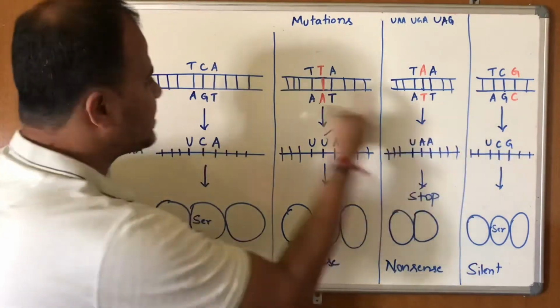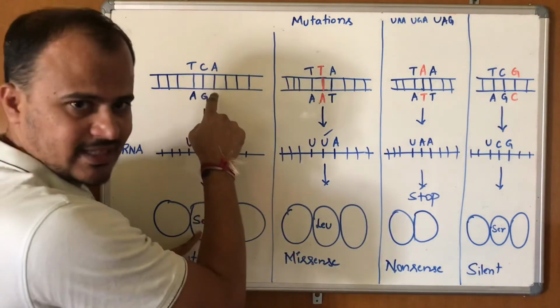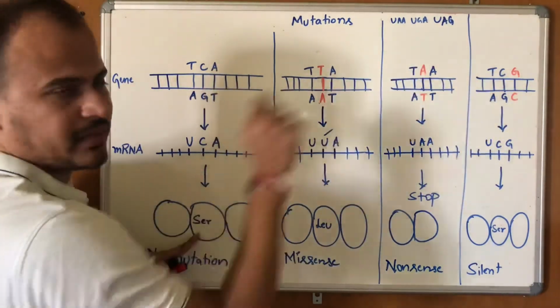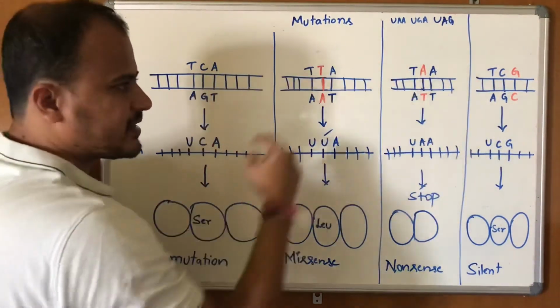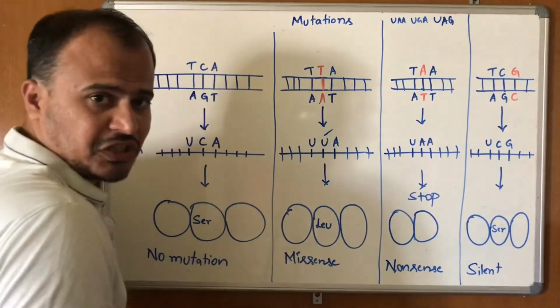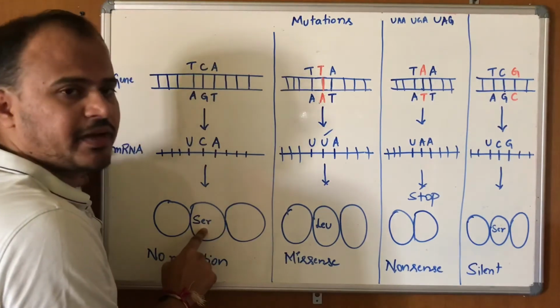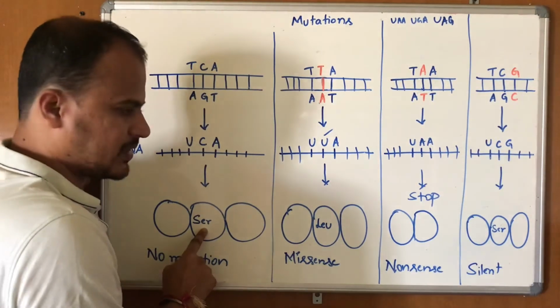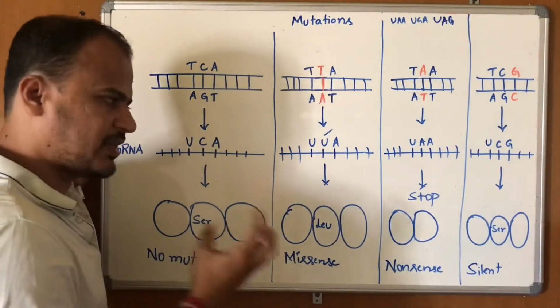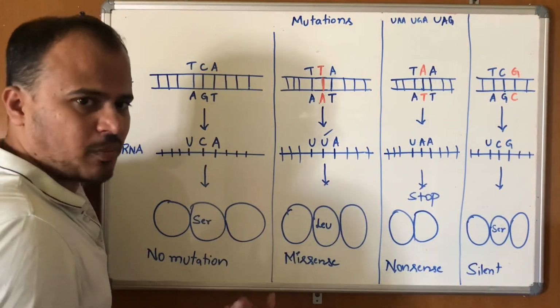Though the mutation has taken place in this DNA segment, where the A is replaced by G, the amino acid does not change. Here it gives rise to the addition of serine during translation, and here also it gives rise to the addition of serine in the polypeptide chain.